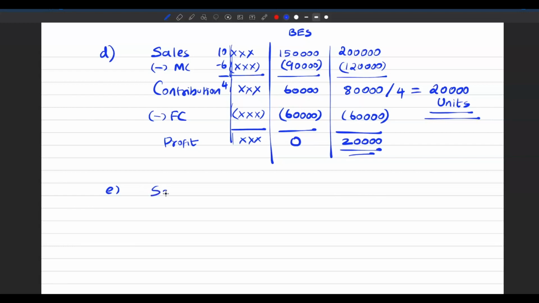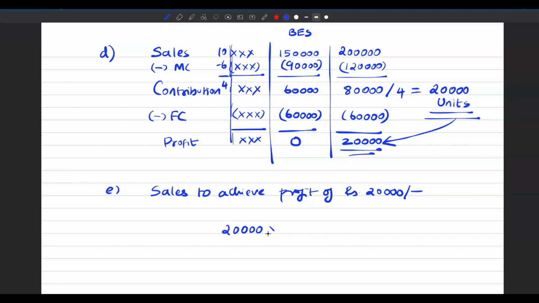Already we have seen that 20,000 units will generate a profit of rupees 20,000. So it is 20,000 units into selling price of 10 rupees, and we have done that already here. So 20,000 into 10, sales of 2 lakh per annum will generate a profit of rupees 20,000 per annum.